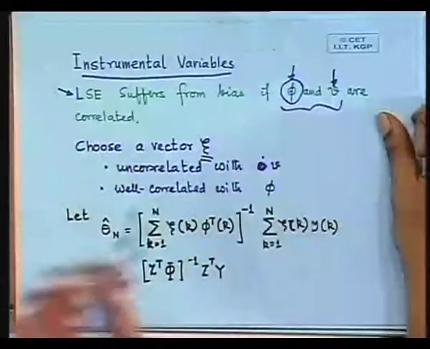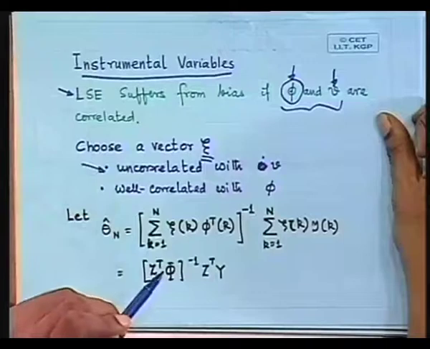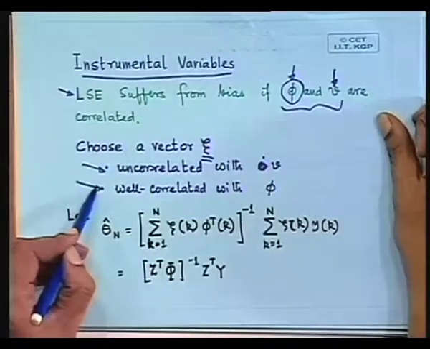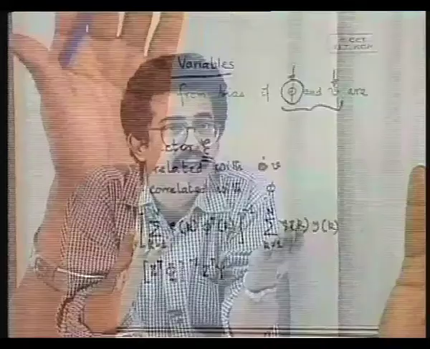When phi transpose phi inverse is very large, then your parameter error will also get very large. So it should remain more or less like phi transpose phi. In other words, the guideline is to choose a new vector which is uncorrelated with v and very strongly correlated with phi. If it is strongly correlated with phi, it is like phi, so the phi transpose phi inverse property will be maintained, while that vector is going to be uncorrelated with v. So you have to choose such a vector and then use it.